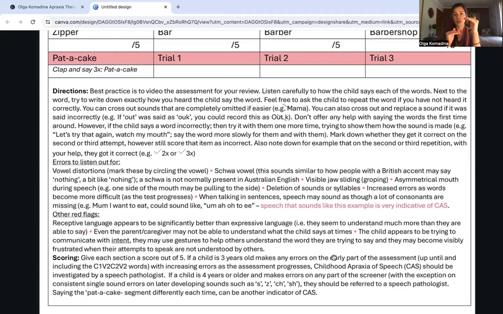It just needs to be significantly better than the expressive. So say you do a formal language assessment and they're only coming up moderate in receptive language, but the expressive language is severe. Well, you've still got a statistically significant gap. It's still really worth a try of doing a bit of motor speech therapy. Maybe they'll progress a little bit slower, but they probably will still make some gains.